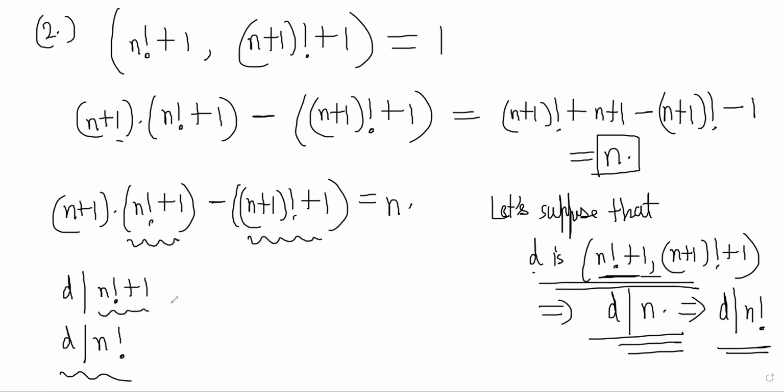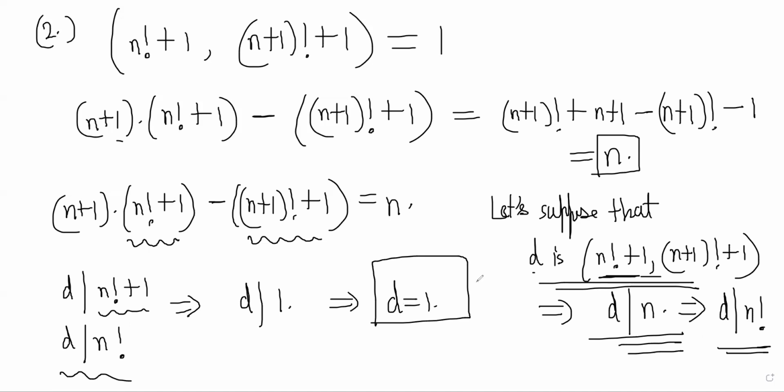So if you subtract these two, this should mean that d divides 1, which means that d is equal to 1, right? So that is the proof that the GCD of these two is 1. We are using this identity. This equation is helping us figure this out, because from here we concluded that d divides n, and from there we know that d divides n factorial, right?